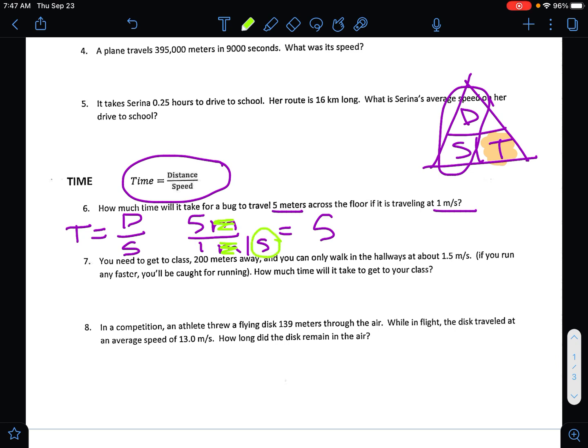What I am left with is seconds. Does 5 seconds make sense for a time measurement, for a time story problem? Yeah, it does, because seconds is a unit for time. So how long does it take this bug to travel across the floor? It takes 5 seconds.